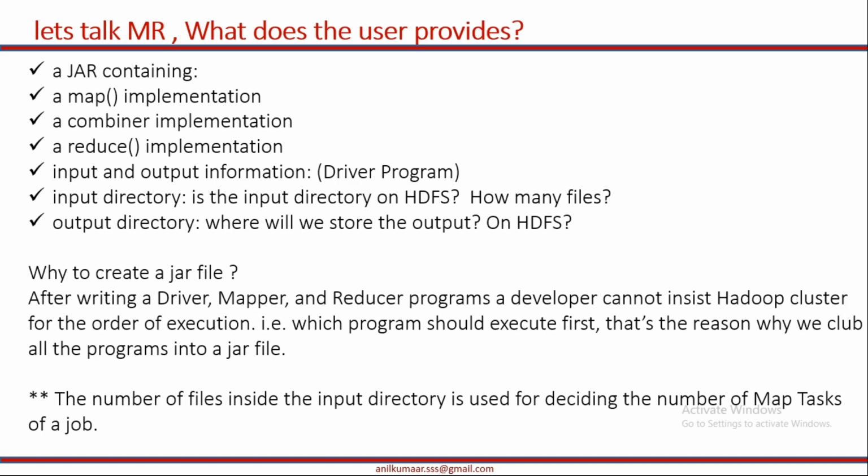In a similar fashion, once we create the jar, you're just putting it in a kind of box and tagging it with the mapper class, reducer class, driver class, and everything. This will reach the job tracker. The job tracker will unjar it, that is, open the package, and first read the driver program. Once it reads the driver program, it will have the list of items.